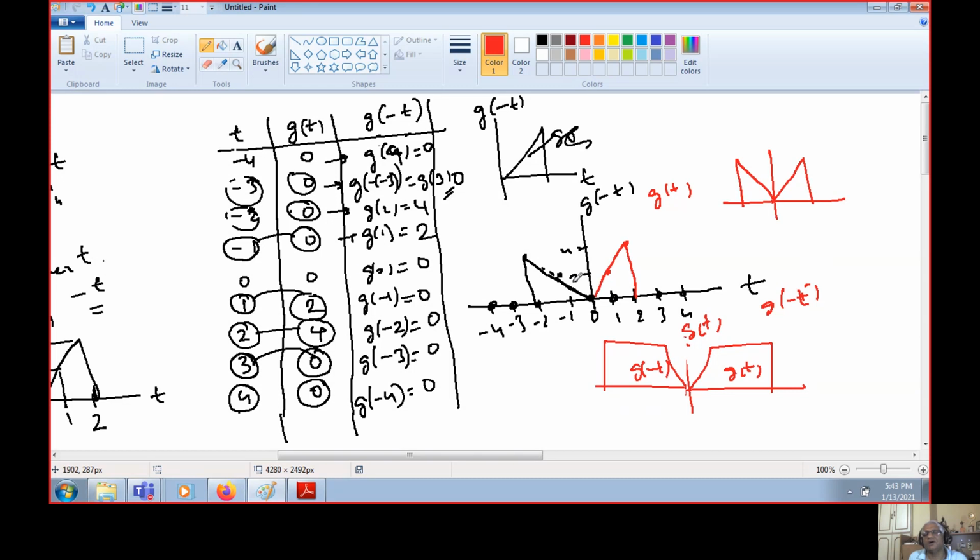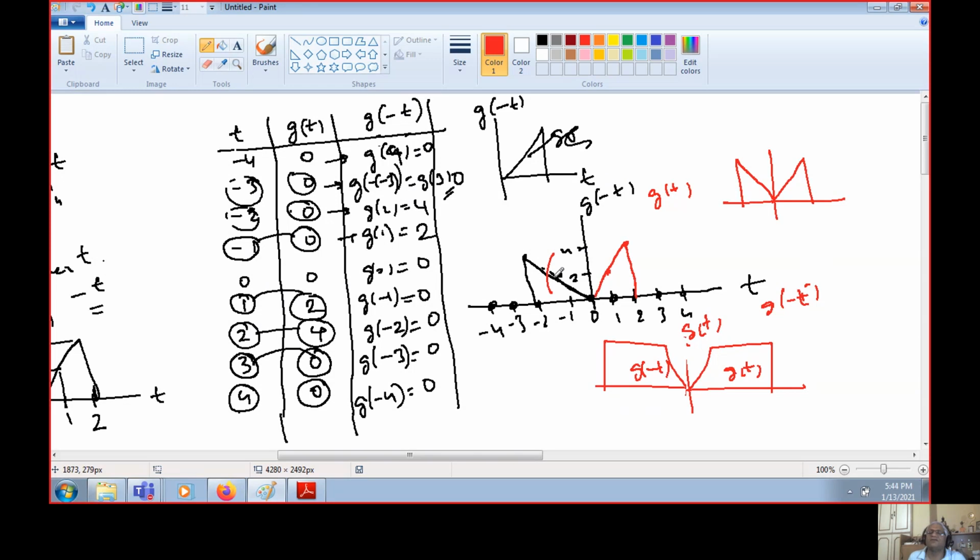So I showed you how it is happening by taking a number of values and calculating the values of the new function, and then you can get this shape. Without knowing anything also, we can plot the correct shape of g of minus t.